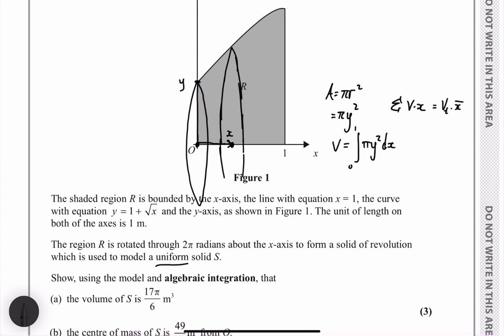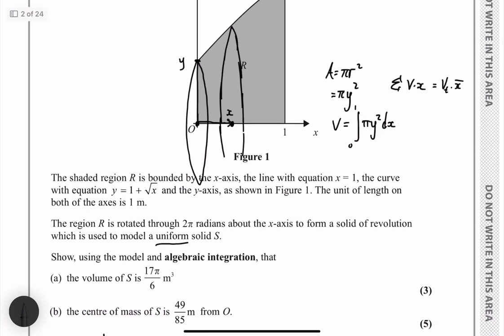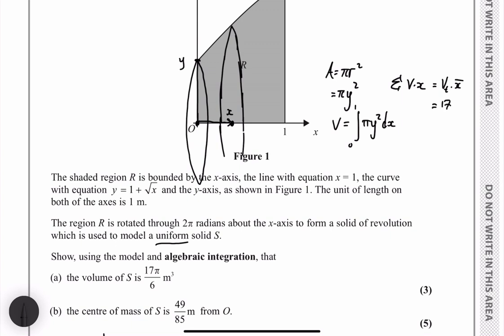Now we know what the total volume is, we've just found that out in part A. So that's 17 pi over 6 times x bar, and then we want the sum, i.e. the integral, of pi y squared, the volume, as before, but times x dx from 0 to 1.